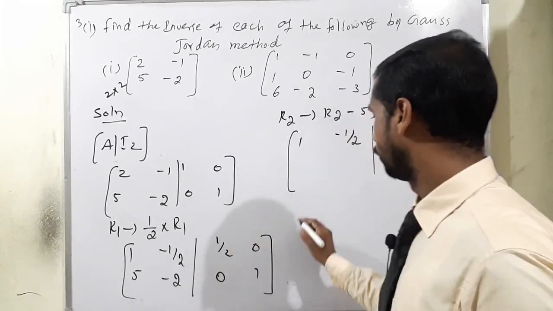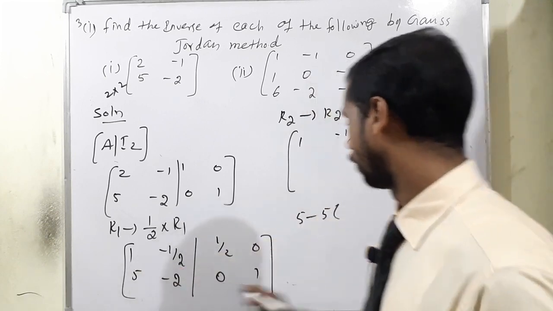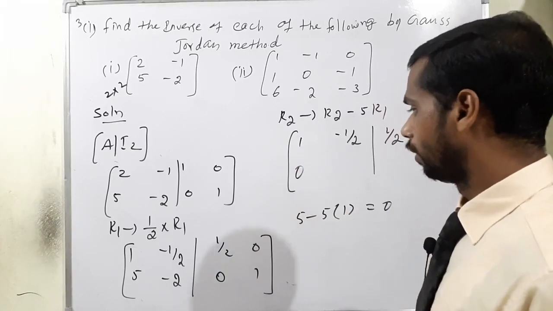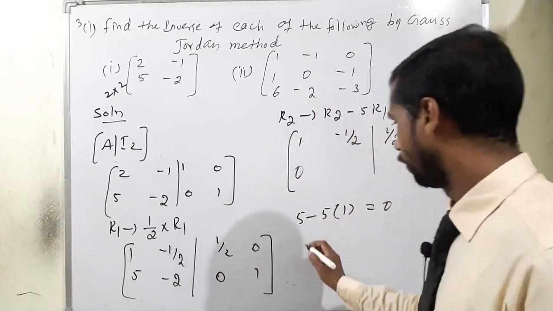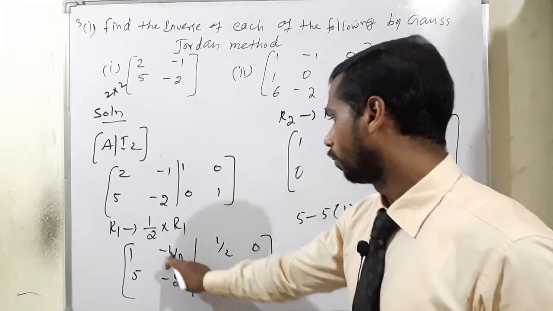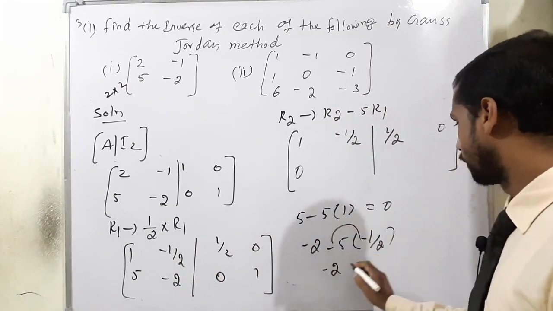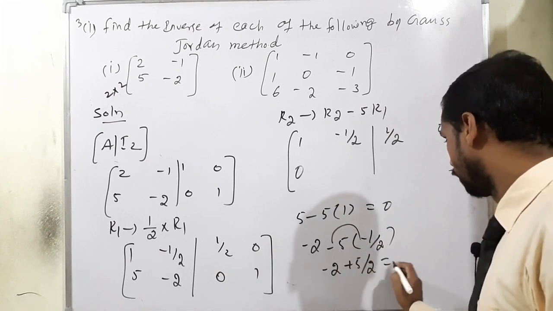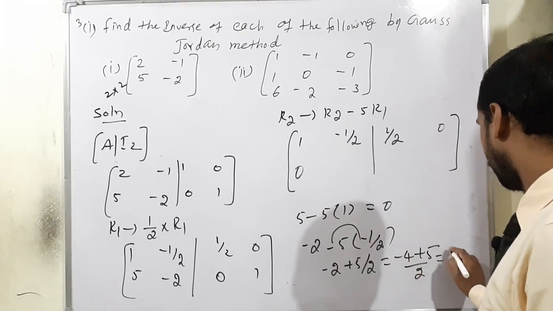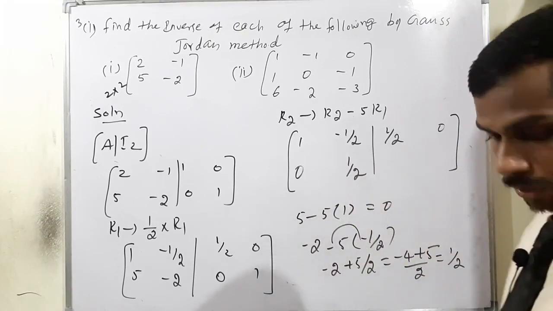What is the value? 5 minus 5 into R1, which is 1, therefore 5 minus 5 is equal to 0. The next one, R2 value minus 2 minus 5 into R1, which is minus 1 by 2. Therefore minus 2 minus into minus plus 5 by 2. Minus 4 plus 5 by 2, therefore 1 by 2. This is positive 1 by 2.